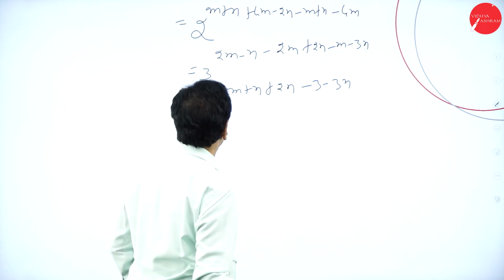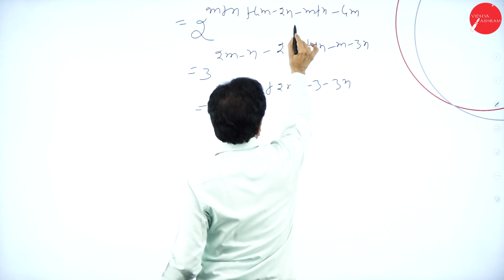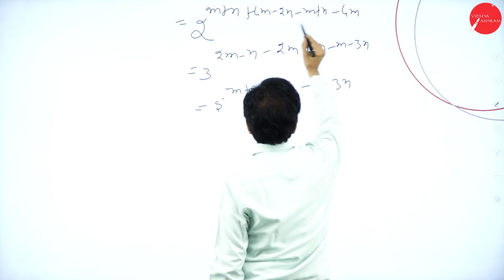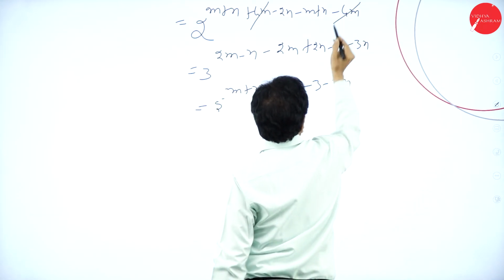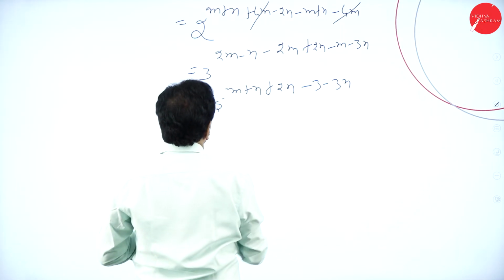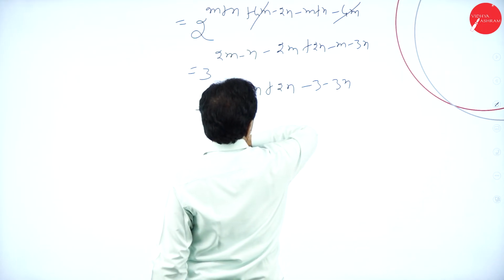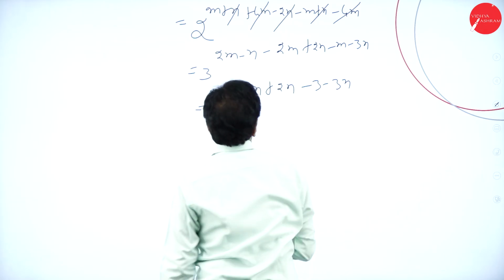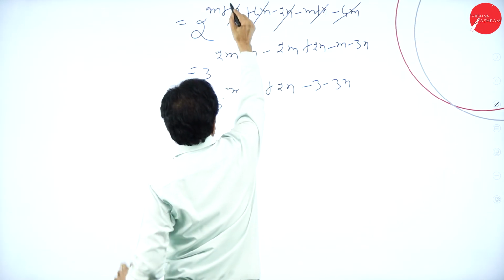Slowly we can do m minus 2m minus 3m here cancelled out. This is n, 2n cancelled out, m cancelled out.